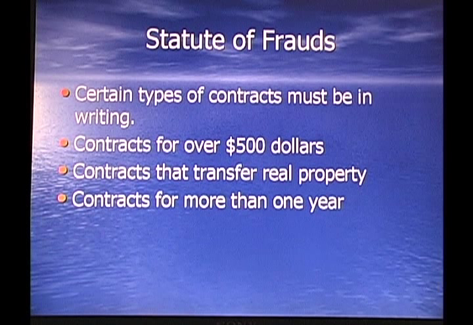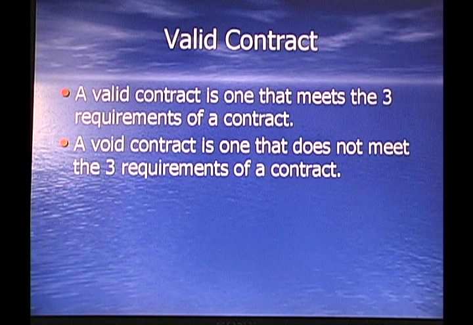Contracts for over $500 must be in writing. Contracts that transfer real property, real estate. Contracts for more than 1 year must be in writing. A valid contract is one that meets the three requirements of a contract. A void contract is one that does not meet the three requirements of a contract.